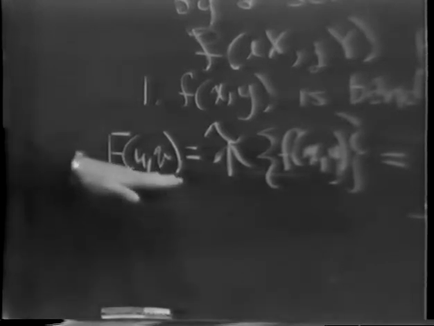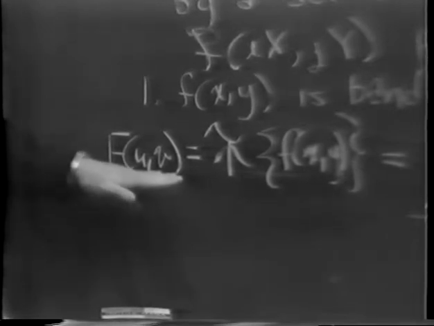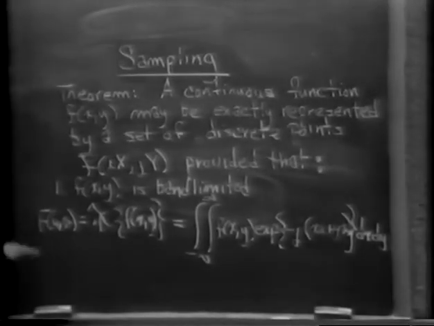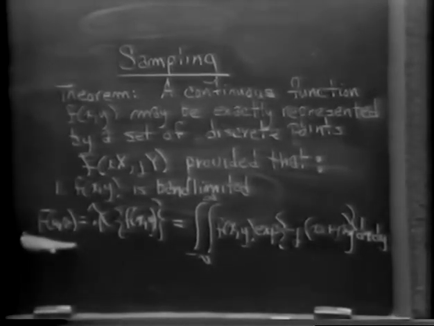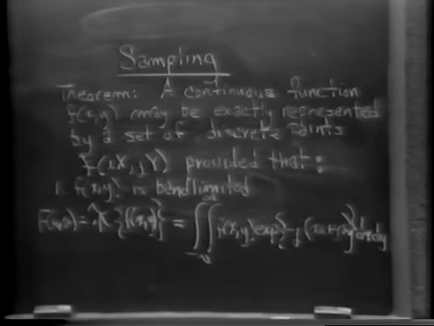So cap F of uv is a complex function and is continuous, and by band limited, what we will be saying is that this function will be zero outside some region of the two-dimensional UV space.